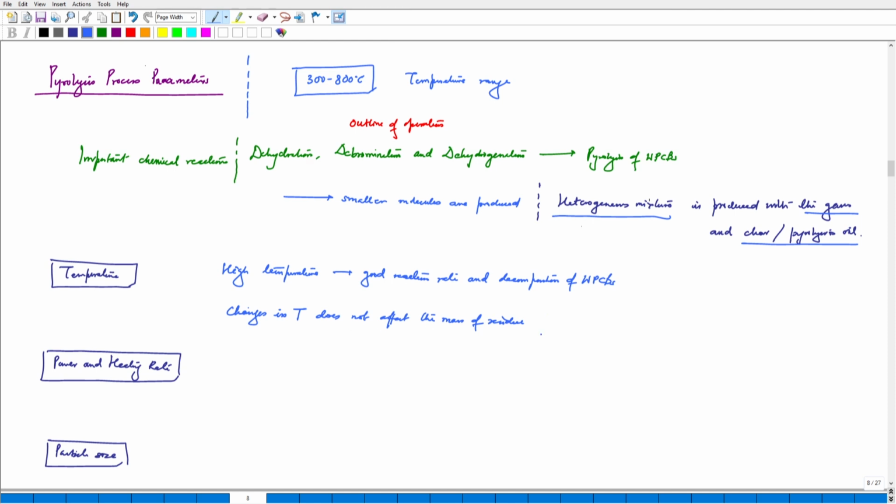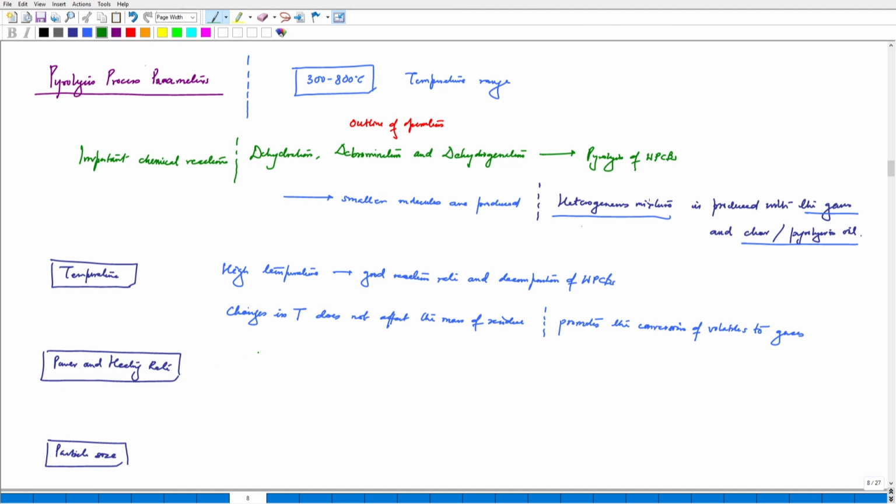It does not affect the mass of the residue much, but it promotes the conversion of volatile materials to gases. So higher temperature can lead to this. It really doesn't affect the mass.